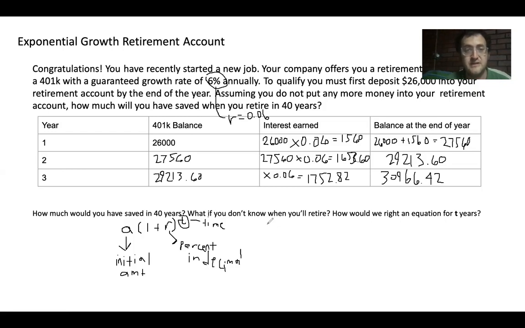So I'm going to do 26,000 times 1.06 to the 40th power. You want to find the exponent key on your calculator, and even on your smartphone.